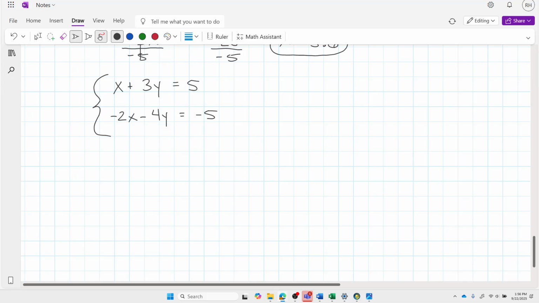So which equation looks like it's easier to solve for a variable? Top one, right? Top one's already got an x by itself. So if we take x plus 3y equals 5 and subtract 3y from each side, we get an x that's equal to 5 minus 3y.